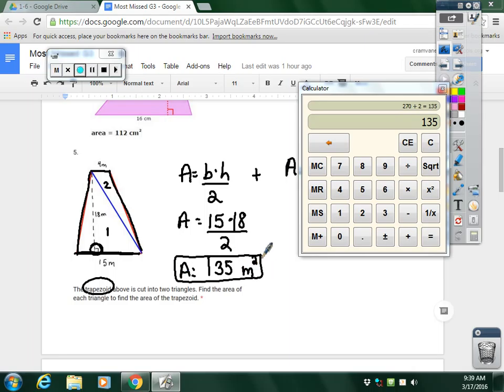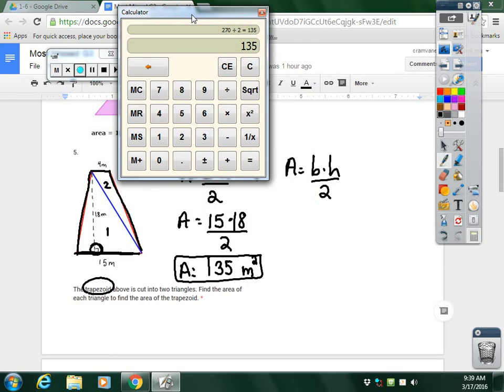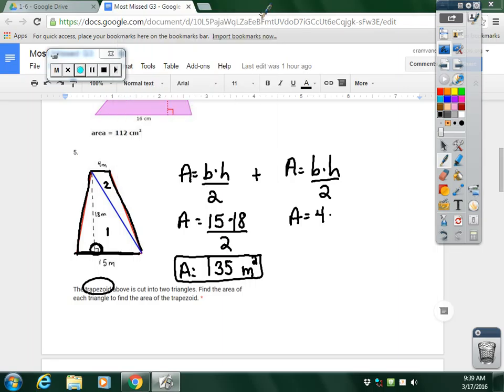Okay? Now, this obtuse triangle is upside down, but I know it has a base of 4, and the height is from the top of it to the bottom. So, you drew, this is the top of your obtuse triangle. You drew a line from the top to the bottom.